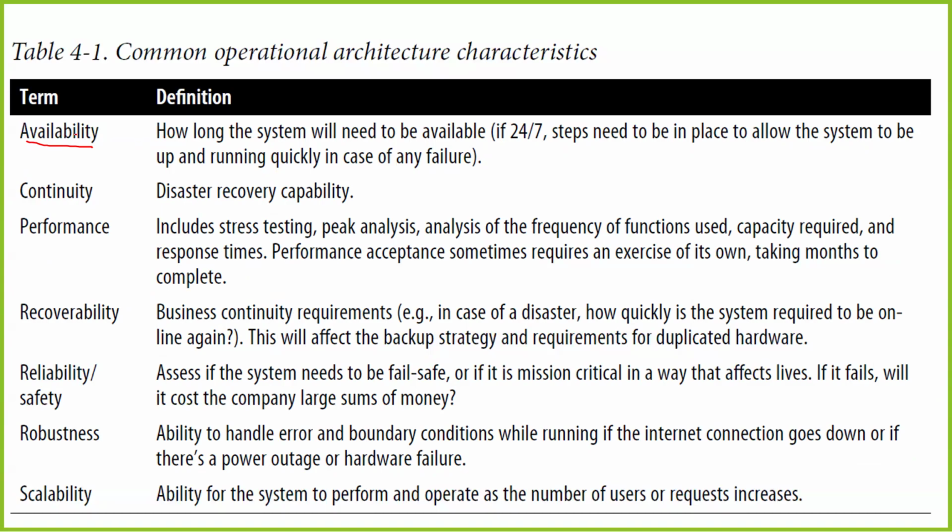Performance is really important. It includes stress testing, for instance, peak analysis, analysis of the frequency of functions used. Performance acceptance sometimes requires an exercise of its own, taking months to complete. So performance is really important.